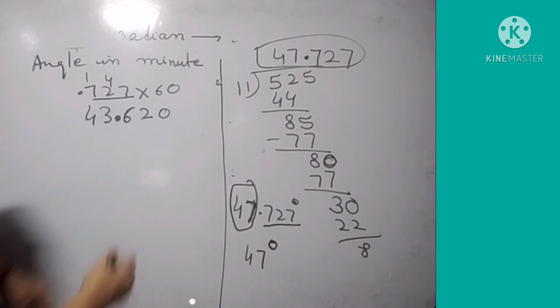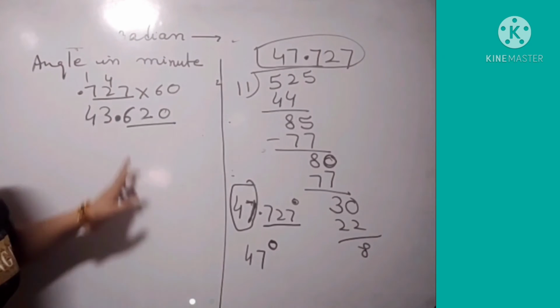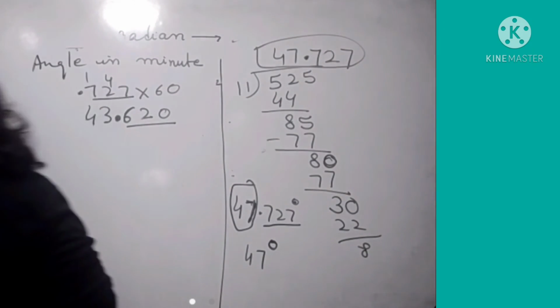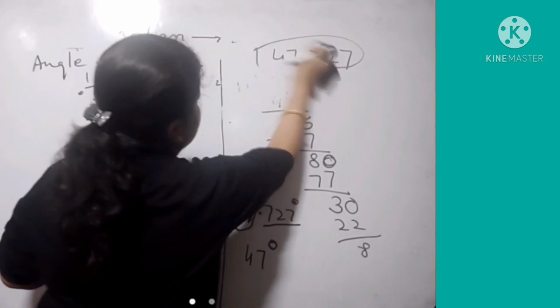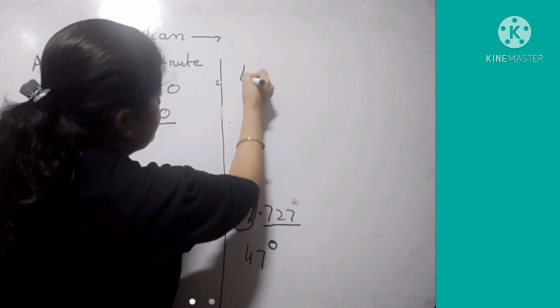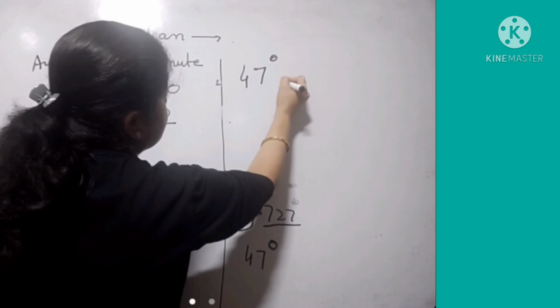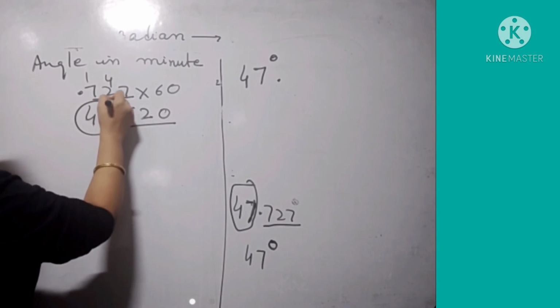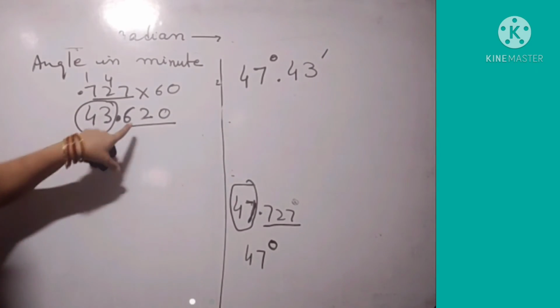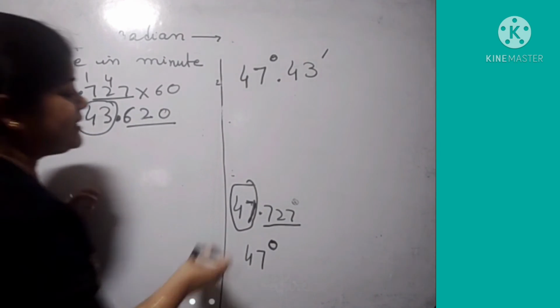Now again we get 62 over here, which is greater than 60. That means we get 47 degree. Wait a minute, I am writing over here. We get 47 degree, then 43 minute. Now it is 62, which means there are seconds also.